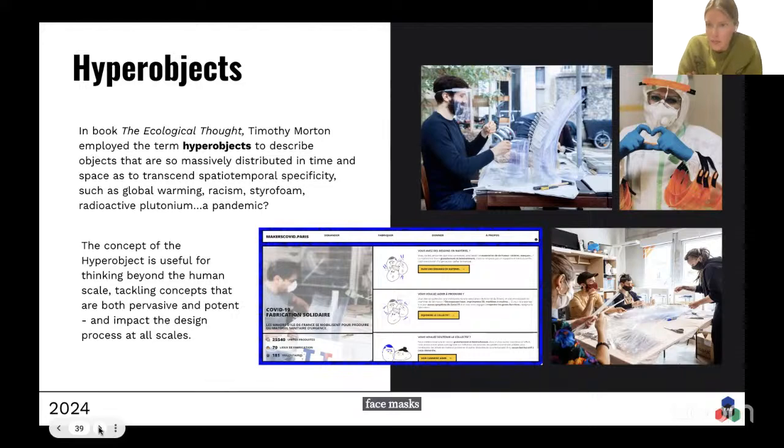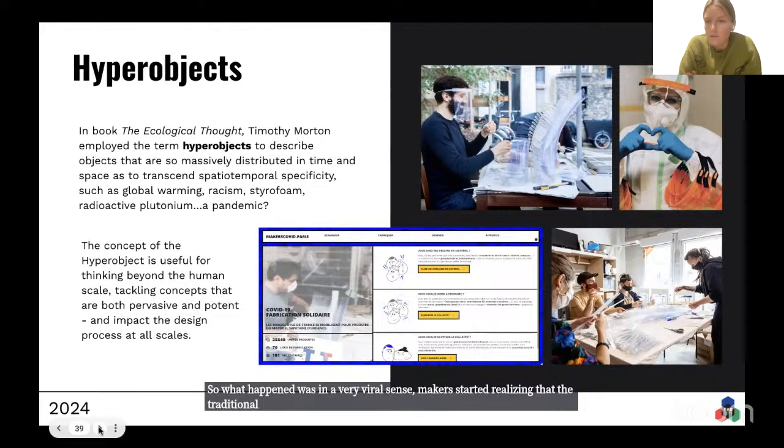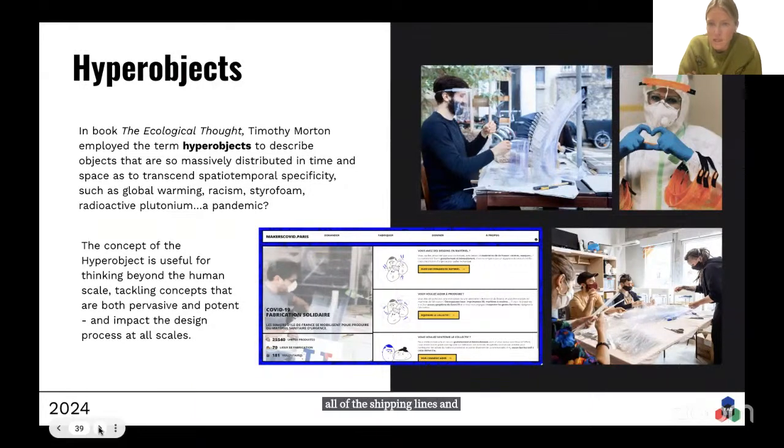So these PPE, personal protective equipment. What happened was, in a very viral sense, makers started realizing that the traditional systems, in which we would receive these probably from China somewhere, shipped across the world, weren't able to run because all of the shipping lines and all of the central systems were shut down.